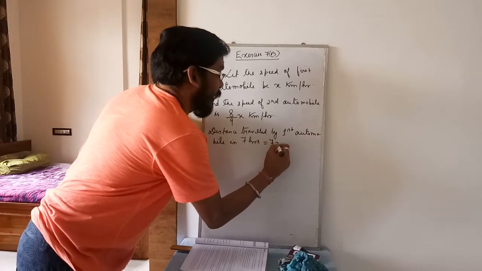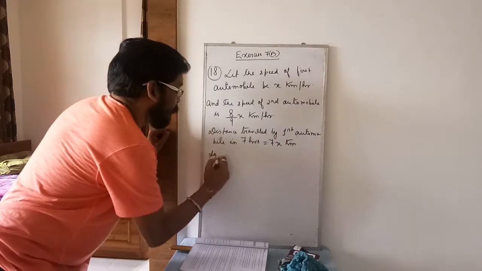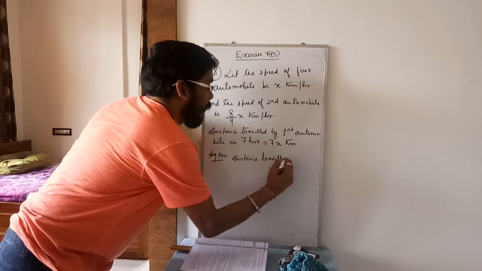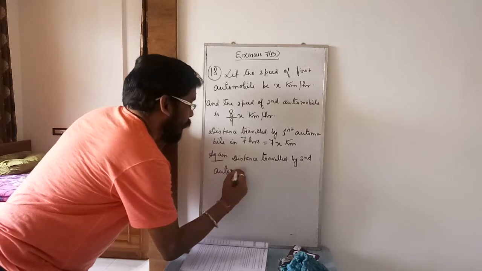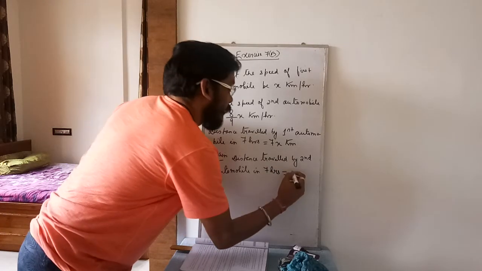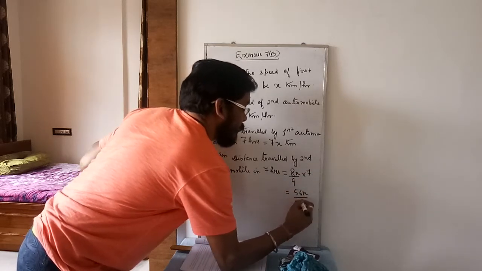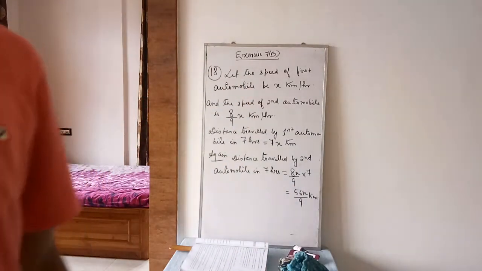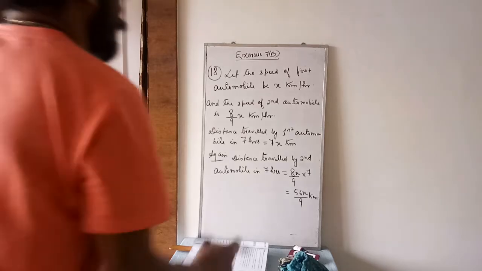Again, distance traveled by the second automobile in 7 hours equal to 8 by 9 into 7x, so it is 56x by 9 kilometer. So take the screenshot. Okay, it is 56.